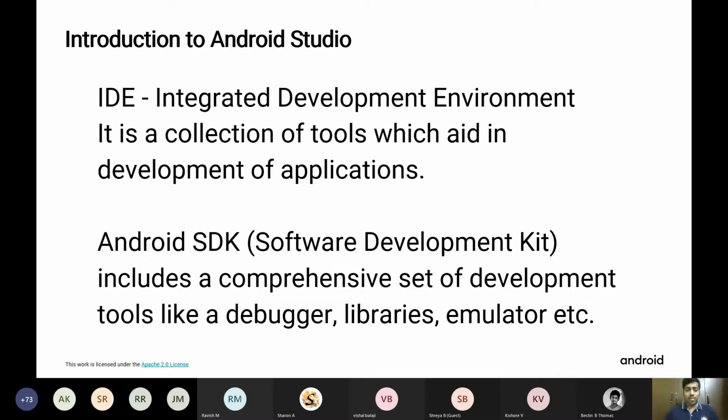So all of this, let's say there is no Android SDK. What would you do? You'll have to sit and write a large amount of code. For turning on the camera itself, it would take a lot of time to write the actual code required. But instead, with the Android SDK, and this is just an example, all you have to do is write camera.open.